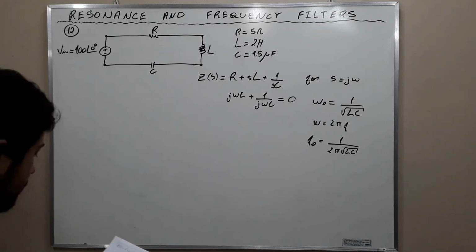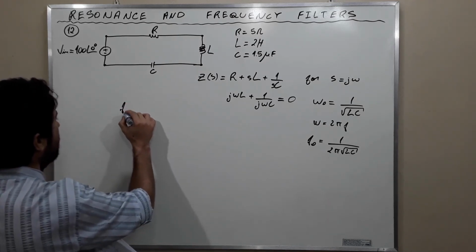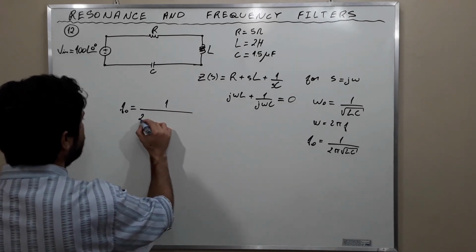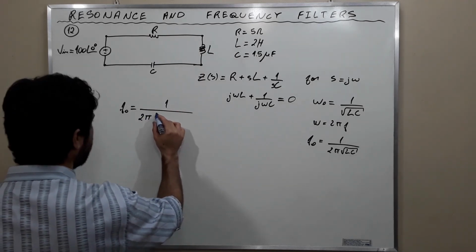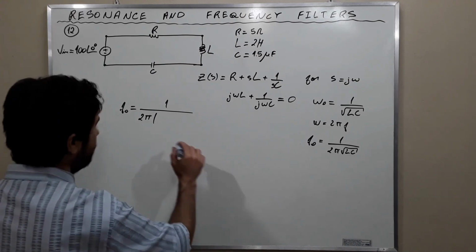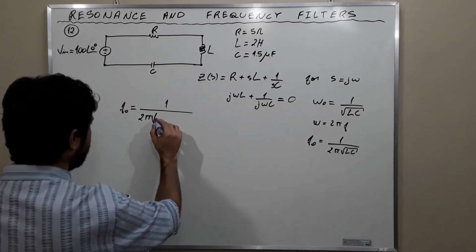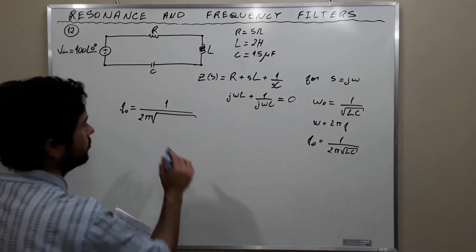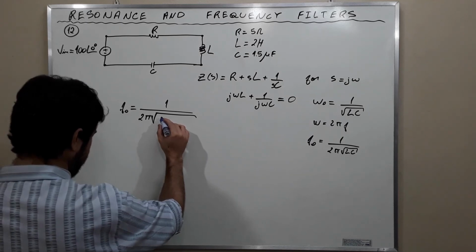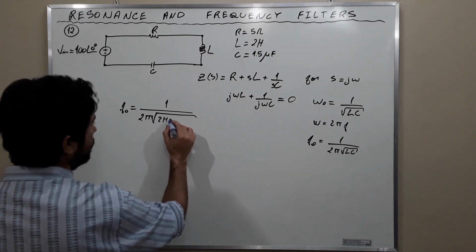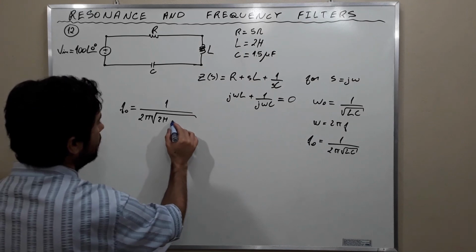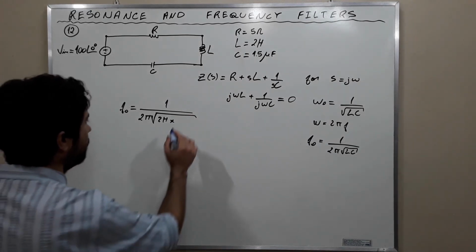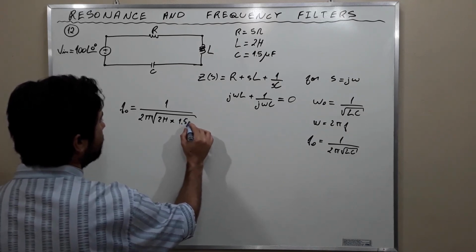Using the values, F0 is equal to 1 over 2 times pi times the square root of the value of the inductance, 2 Henry, times the value of the capacitance, which is 1.5 microfarad.